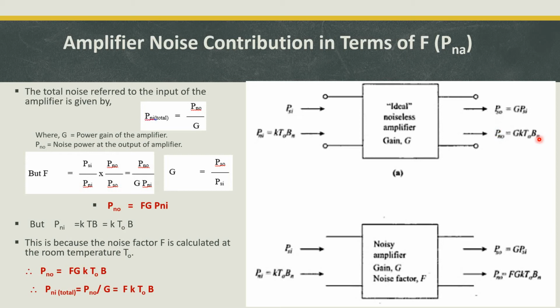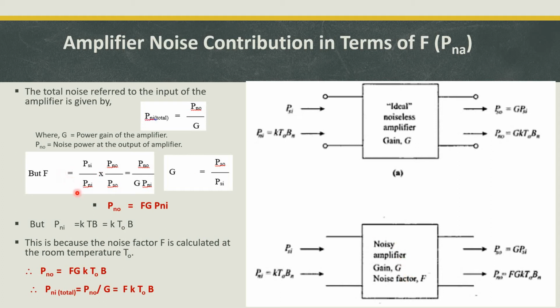PN0 divided by gain, you will get the input noise. If it is a noisy amplifier, the same formula we are going to utilize, PN0 divided by G, gain. So that will give PNI total. Why is it specified as PNI total? The PNI total consists of source noise and also amplifier noise.